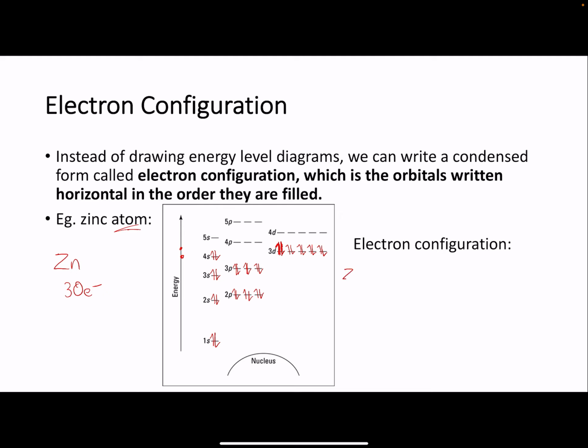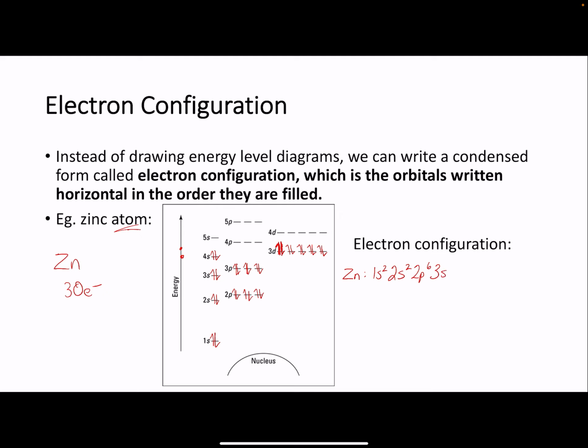So for zinc, we have the 1s orbital, and there are 2 electrons in it because there are 2 arrows. So we get a little superscript 2. Then is the 2s orbital, and again, that has 2 electrons in it because it's filled. After that comes the 2p orbital, and there are 6 there. And I'm just going from the bottom up.